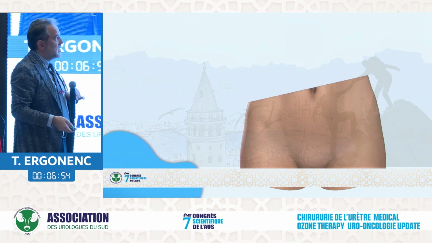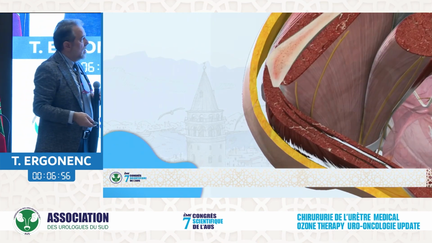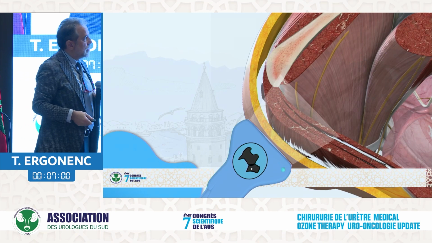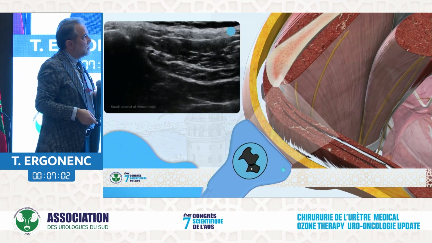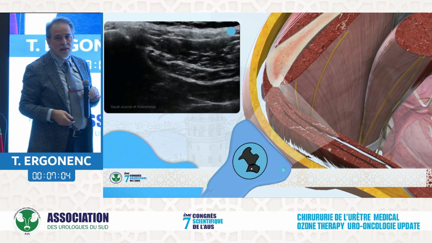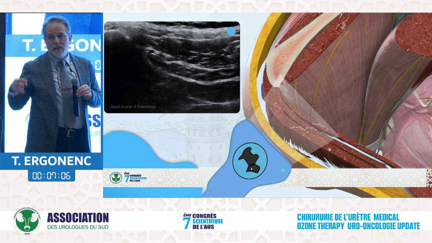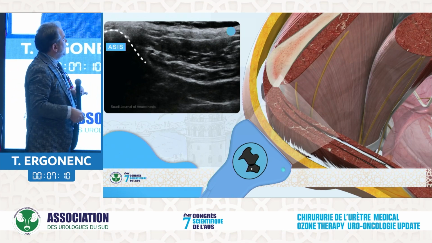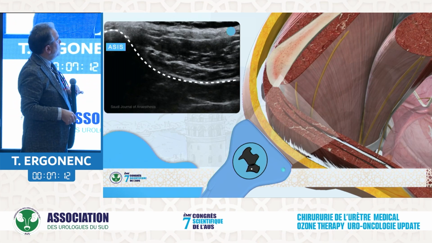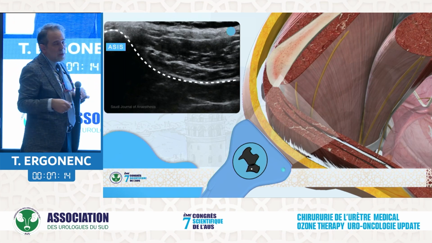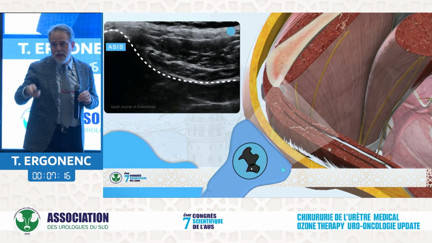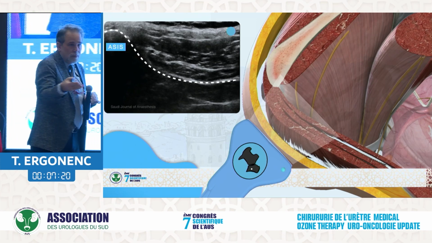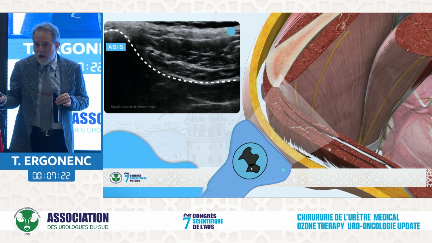Of course, we can see the axial view. Your transducer should be like this, okay? And you can easily identify the three layers of muscle: external oblique, internal oblique, and transverse abdominis. This is your sonogram. You can see the anterior superior iliac spine, a hyperechogenic line. You can easily find it, because all of you use ultrasound in your daily practice.